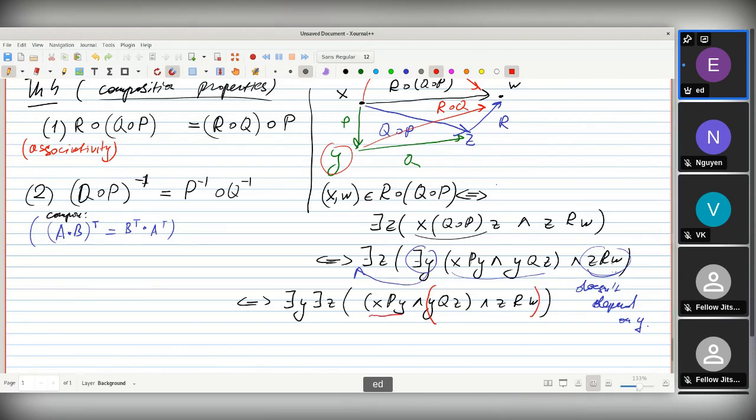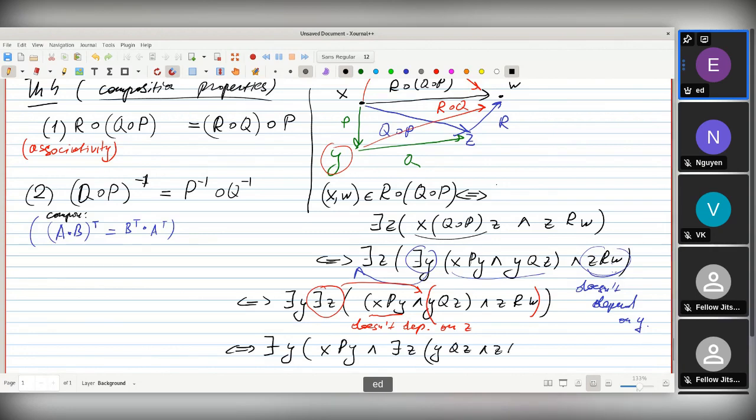And now this thing doesn't depend on Z. That means that you can move Z into the bracket. It doesn't depend on Z. So you can move that into the bracket and obtain the following. There is y such that x, p, y, and for some z, y, q, z, and z, r, w.